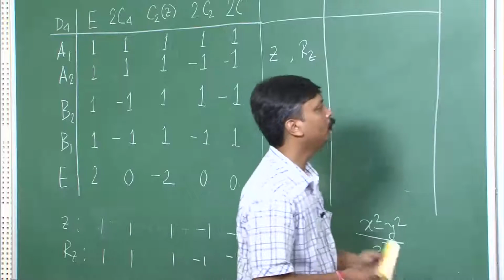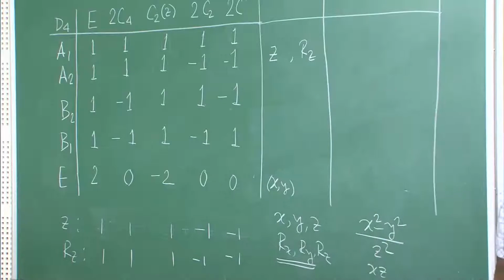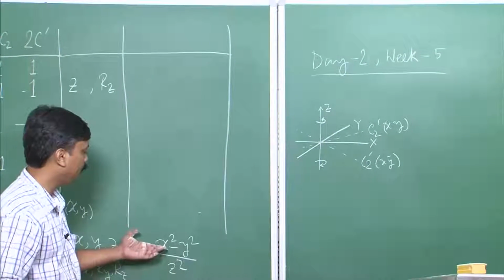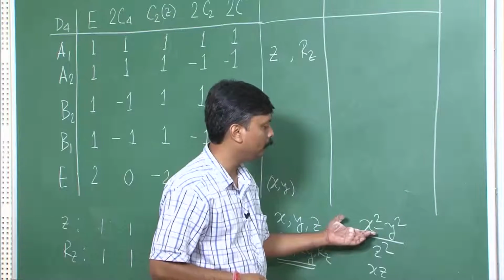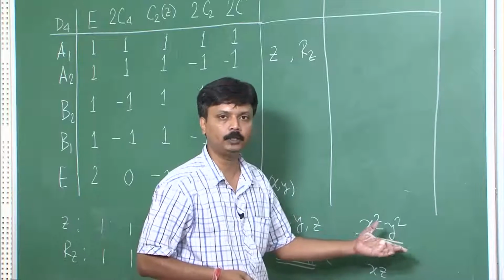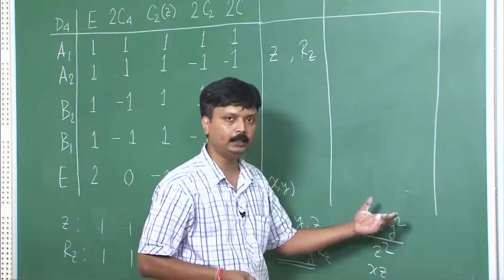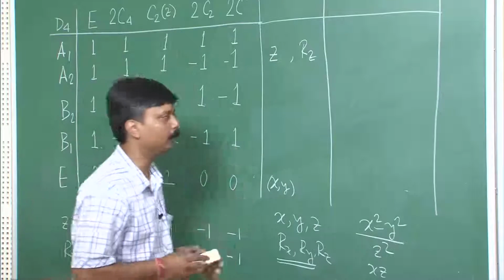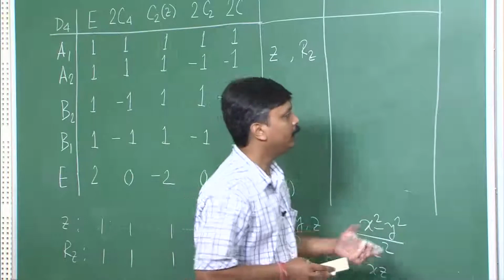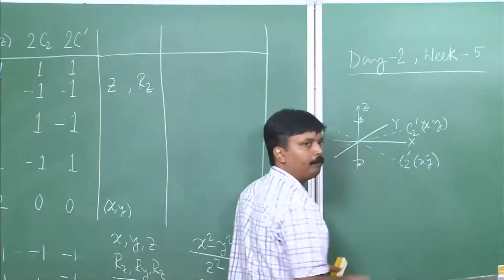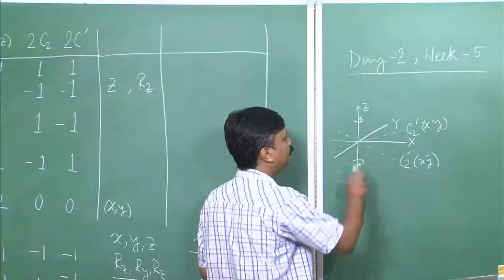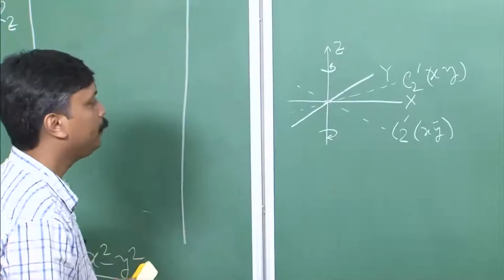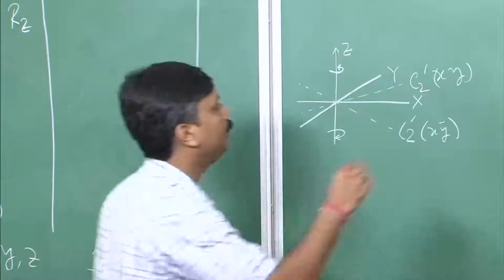So what we can do, we can individually work on this x, y and z, okay, and then we can see how this x square minus y square, for example, changes when we apply one of these symmetry operations or all the symmetry operations. So here in this picture, if we try to see how x and y get changed, we have already seen that. So we can just quickly recap that.